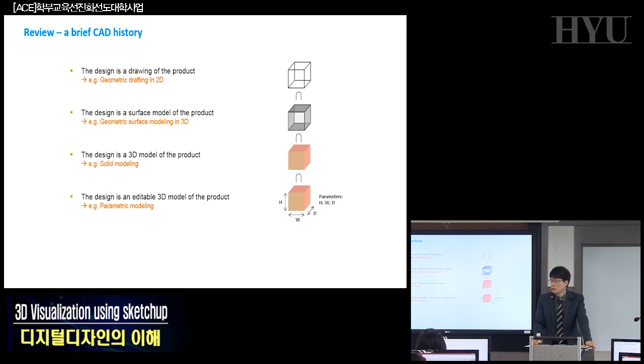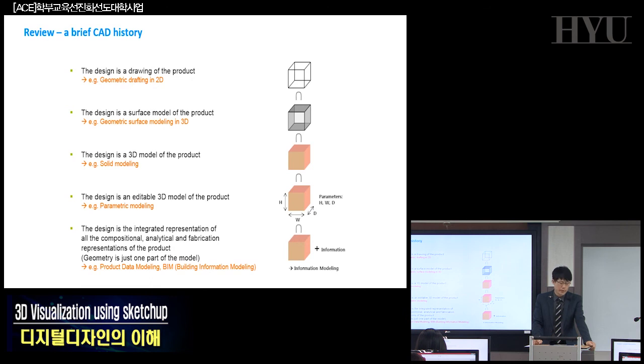And parametric modeling is a kind of advanced type of solid model, which has editable parameters. We can control its height with steps so that the geometry is updated by editing those parameters. The most advanced thing is building information modeling. It contains everything: parametric modeling, solid modeling, even surface-based model or 2D-based drafting is just one tiny subset of information, the term information in building information model, okay?